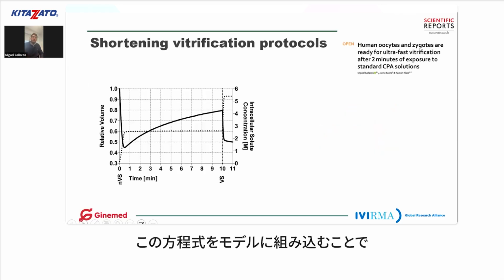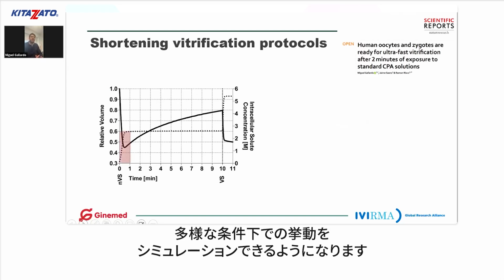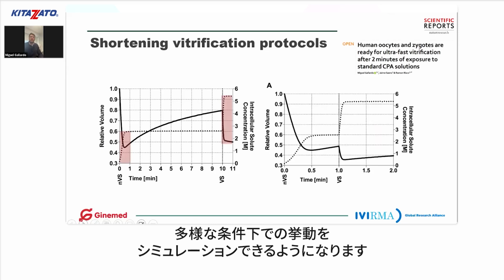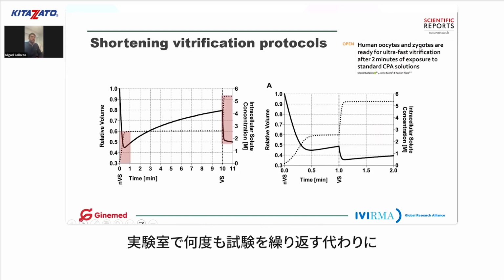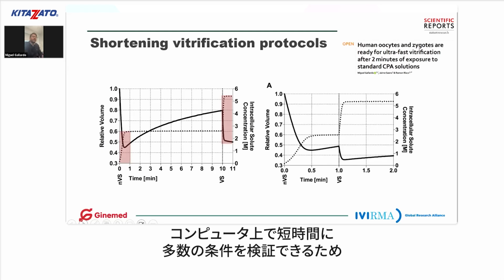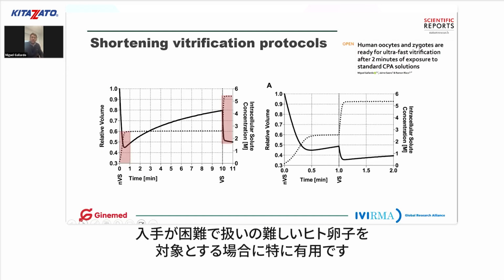And if we put that into a model, that's very helpful because we can simulate many conditions. Instead of doing the experiments in the lab, we can now do it in the computer, and we can iterate very fast. It's very helpful, especially when we are talking about human oocytes that are very scarce, very hard to work with.